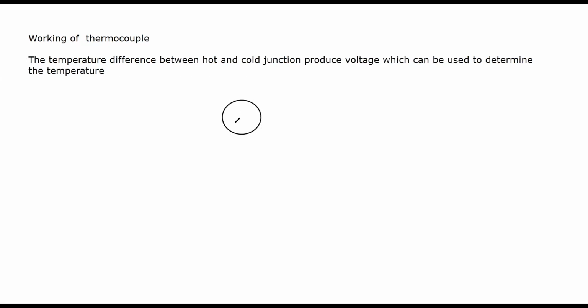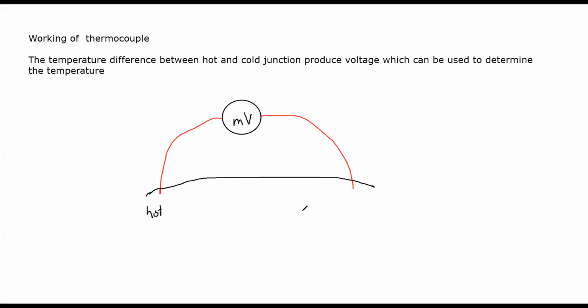So what is the labeled diagram? A millivoltmeter, because the voltage is very small. So normally a millivoltmeter is used. The two wires coming out from the thermocouple are made up of different material. Two wires coming out from the meter are made up of the same material, and the wire connecting is another material. One is known as a hot junction, and the other one is a cold junction.